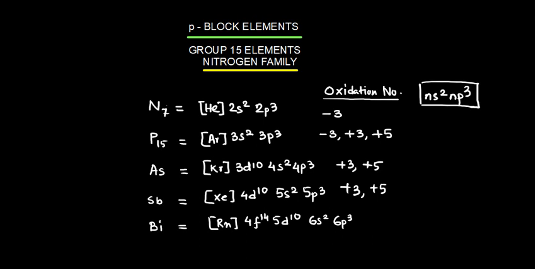Now let us concentrate on bismuth. Okay, so bismuth has a configuration which is 6s2 6p3, right? So it has 3 unpaired electrons, so it can generate an oxidation state of +3. But the 6s electrons, which are paired, cannot be excited to 6d. Why? Because 6s electrons are preceded by the 4f electrons.